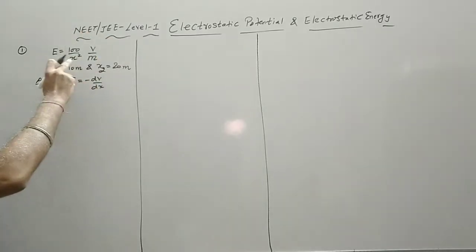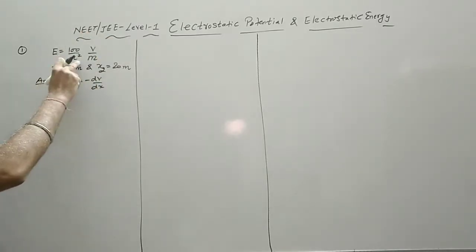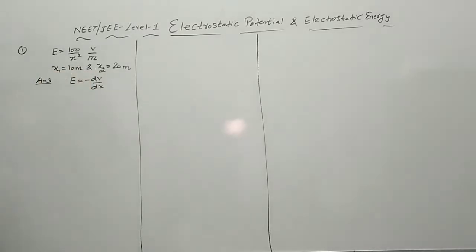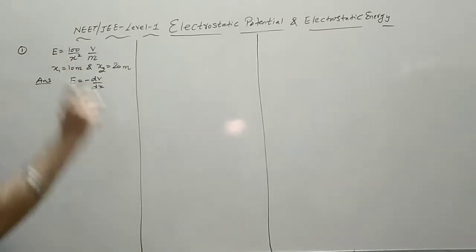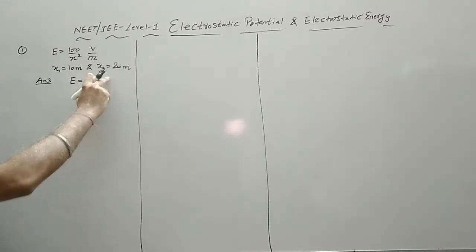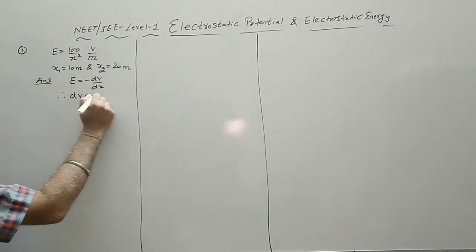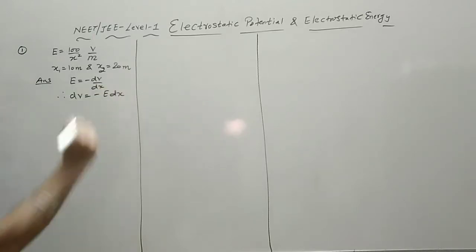But in the question it is clear that the electric field is a function of x and the potential difference is to be found along the x-axis only, for points which are along the x-axis. So instead of the partial derivative we write E is equal to minus derivative of V with respect to x. Therefore dV is equal to minus E dx.